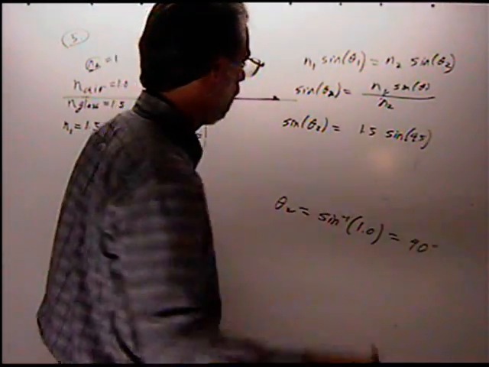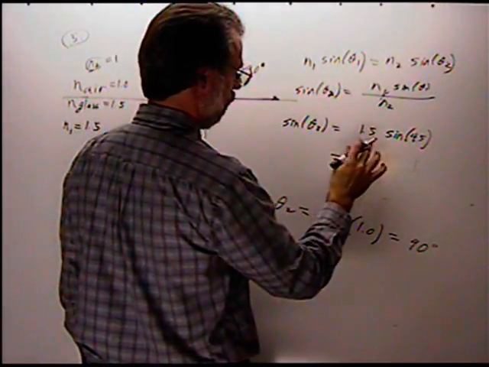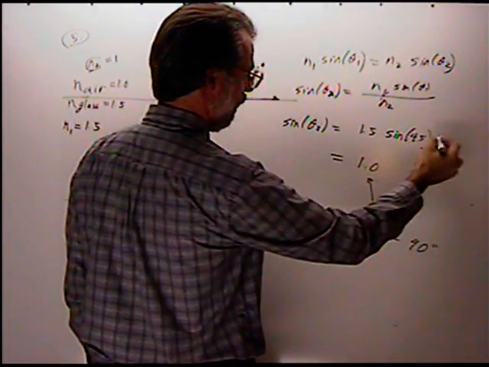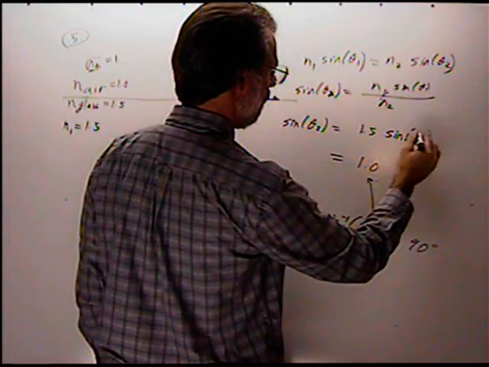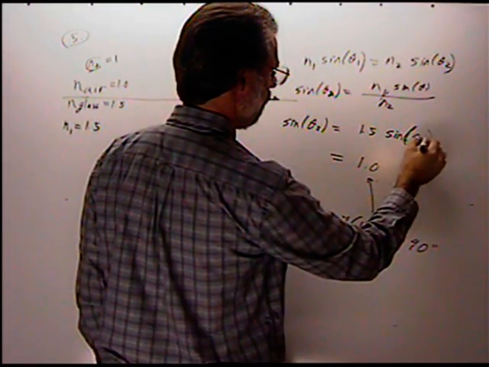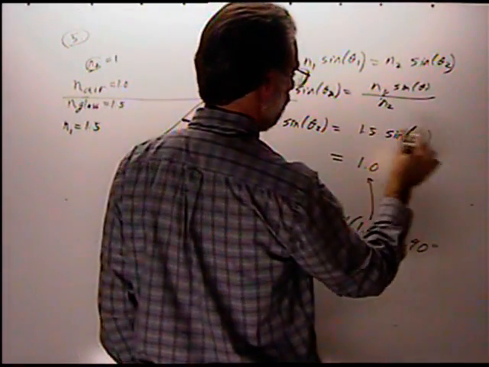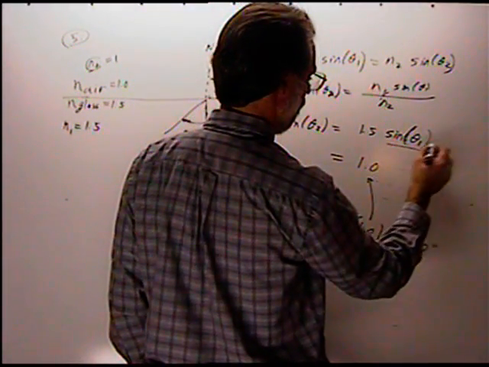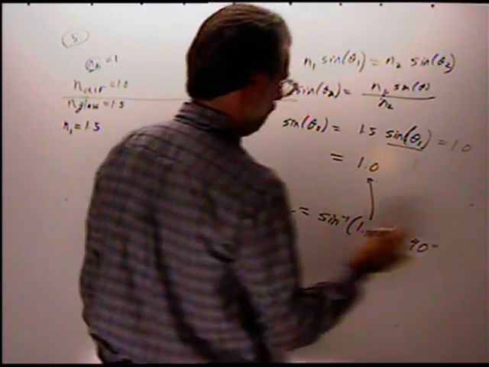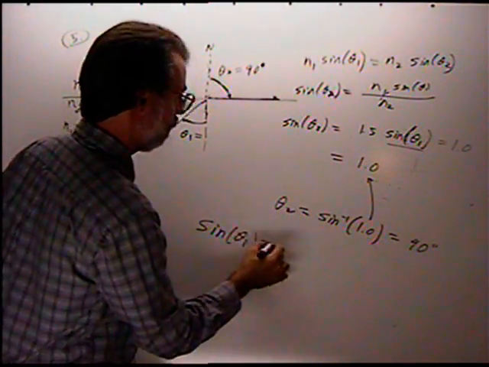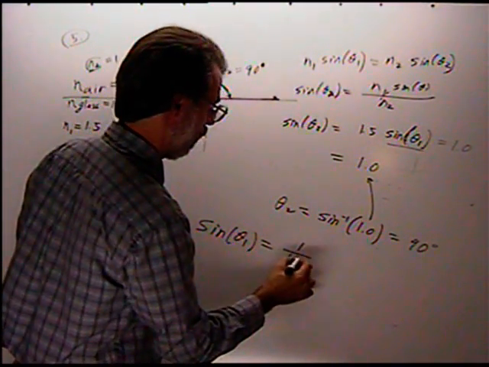Basically we want this to be 1, and this is theta 1 here. So we want 1.5 times sine of theta 1 to be 1. So basically the sine of theta 1 is 1 divided by 1.5.